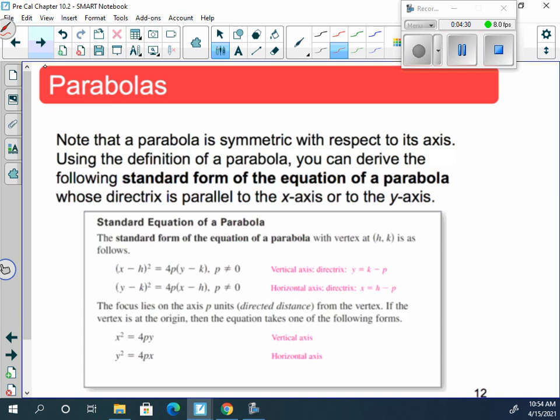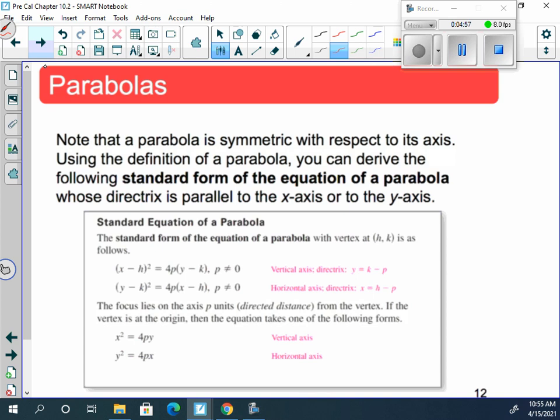The focus lies on the axis, p units directed distance from the vertex. If the vertex is at the origin, then the equations take on this form here. Essentially, for the bottom two, x squared equals 4py and y squared equals 4px, it's really going over the fact that h and k are both 0.